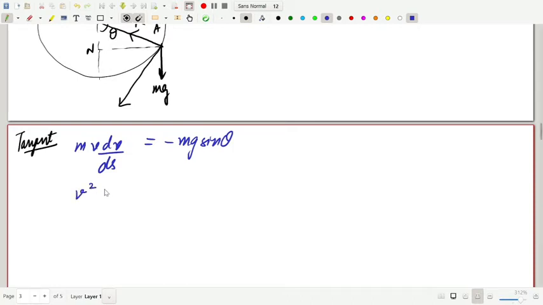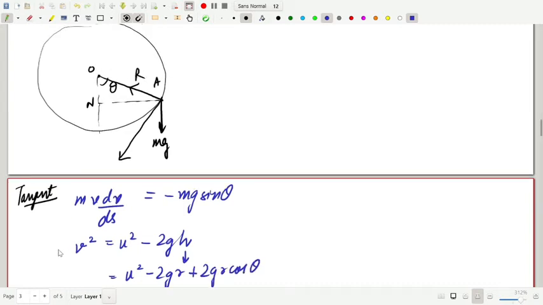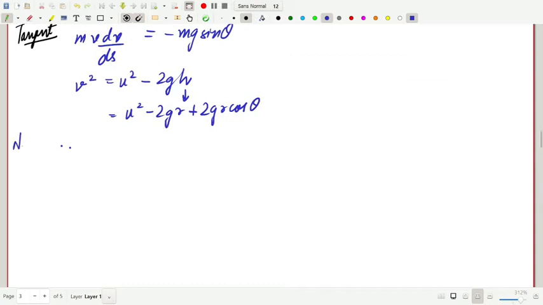Hence we can calculate that v square is equal to u square minus 2gh. But we substitute the value of h equal to r minus r cos theta. Then we get u square minus 2gr plus 2gr cos theta, and in the normal direction R minus mg cos theta is equal to m v square over r.